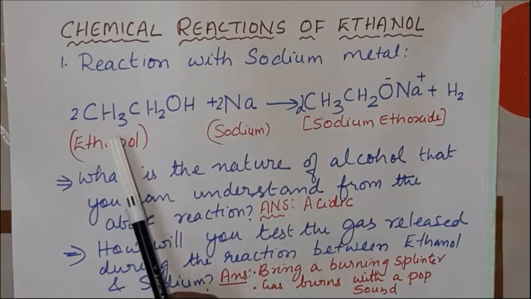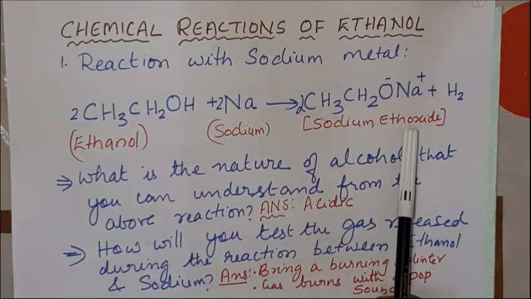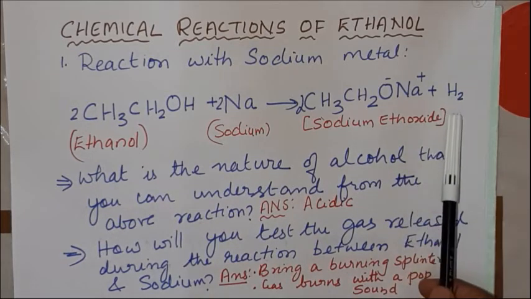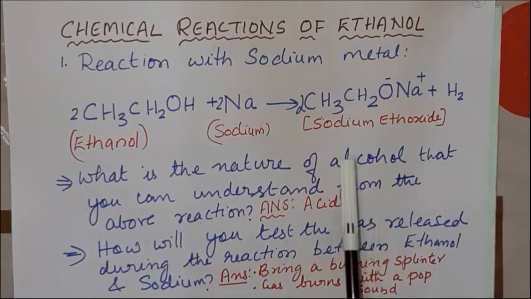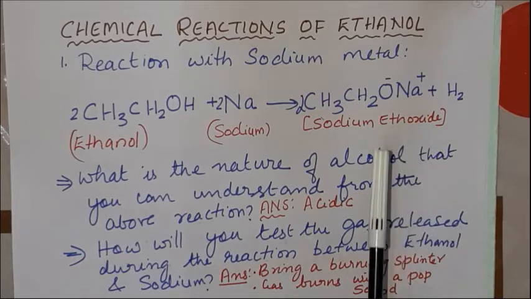Ethanol formula CH3CH2OH. When a piece of sodium is dropped into ethanol, the reaction takes place with the liberation of hydrogen gas along with the product sodium ethoxide. Now what is the observation from this reaction, or what can you conclude from the reaction about the nature of alcohol?